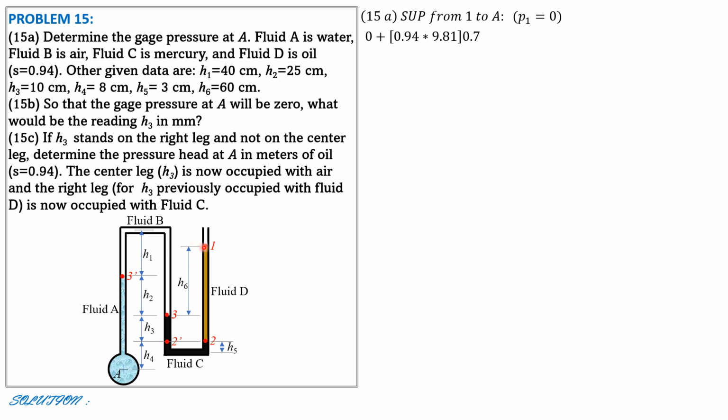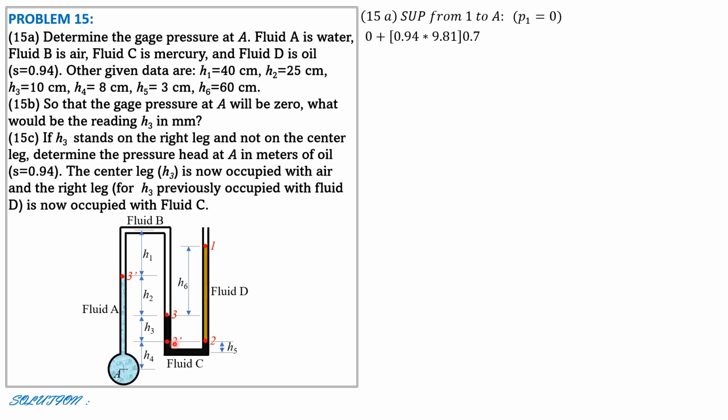So plus the specific weight of fluid D, 0.94 times 9.81 times the depth of 0.7. So that's the pressure at level 2. Then we jump across to 2 prime, and the equation is not changed because the pressure at 2 and 2 prime is the same.